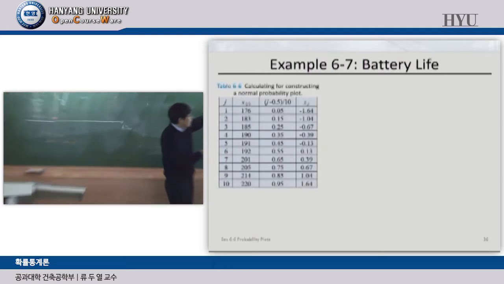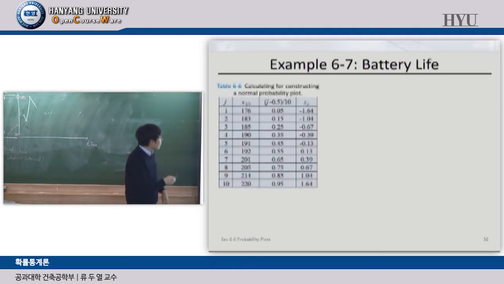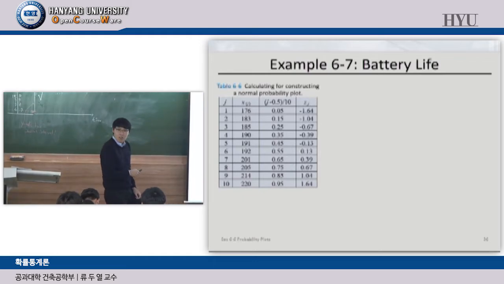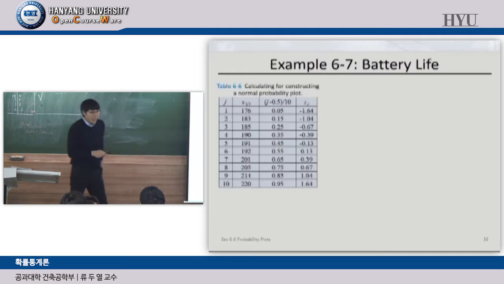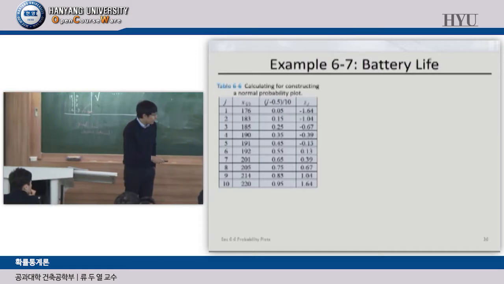So this column indicates the j. j is from 1 to 10, right? Because we have 10 specimens, 10 observations. And this is the xj, given in ascending order. This is the smallest value, and this is the largest value.